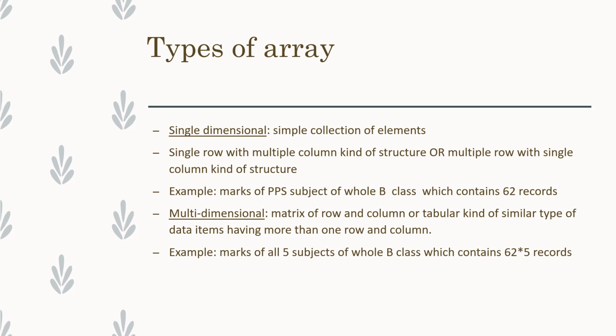Suppose I want to store the PPS subject mark of class B having 62 students strength. So it is having actually one column PPS and rows are 62, right? So at that time, single dimensional array is fine with it. Our data type here is integer. Everyone is having same kind of marks with integer data type. Values can be different, but the type is same data type.